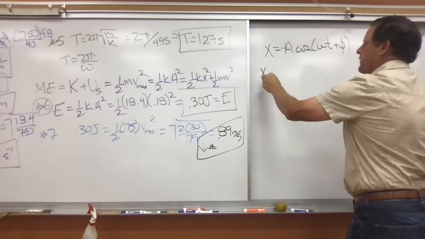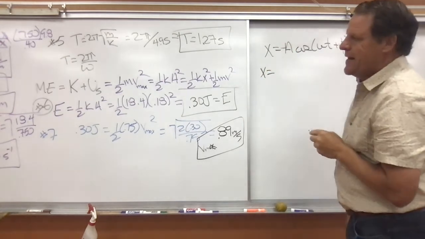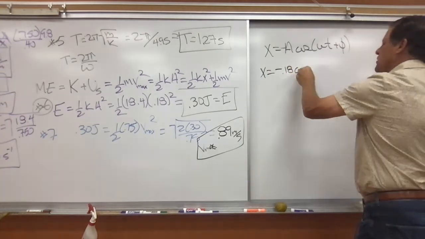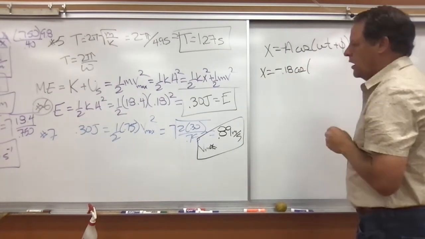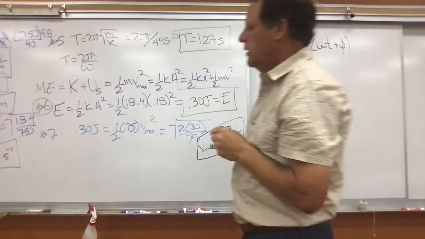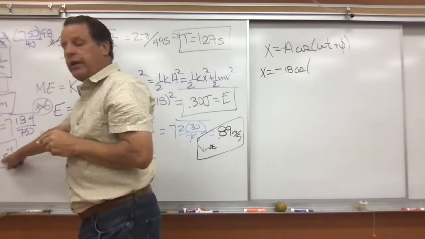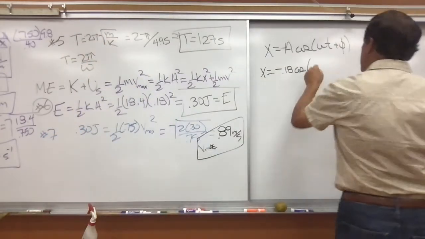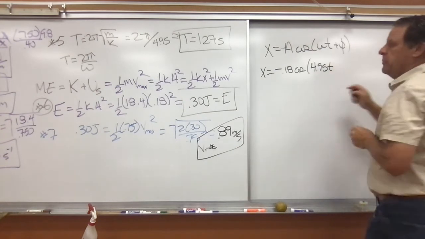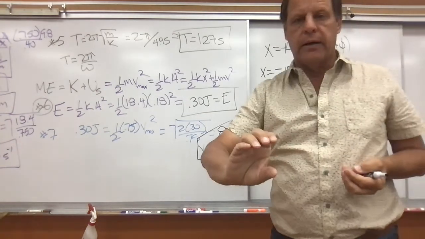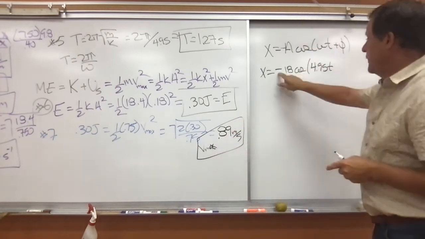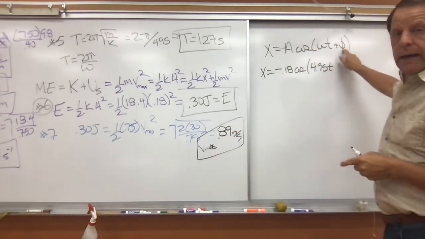And so now we can have x is equal to negative 0.18 cosine. Now our omega was 4.95, so 4.95 t. And because we started at the very bottom, if this stayed positive, then this would be pi.